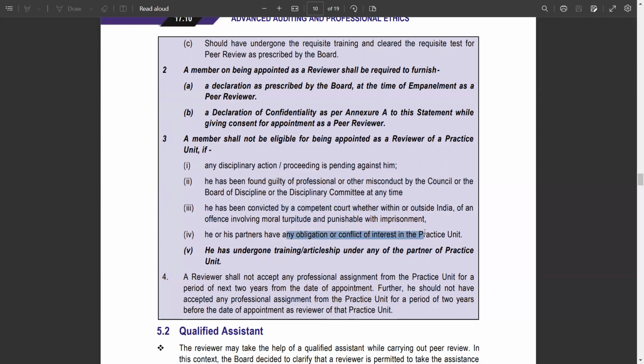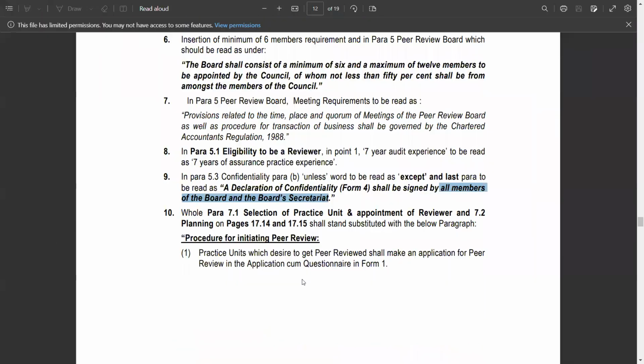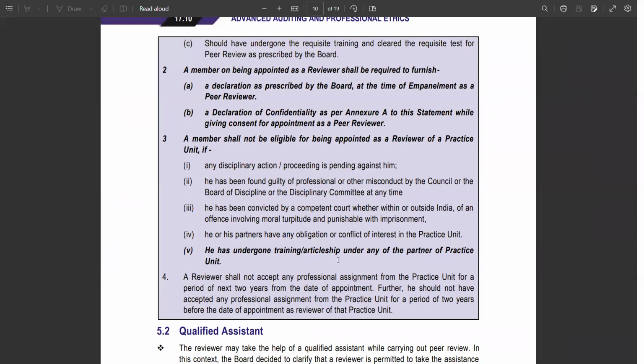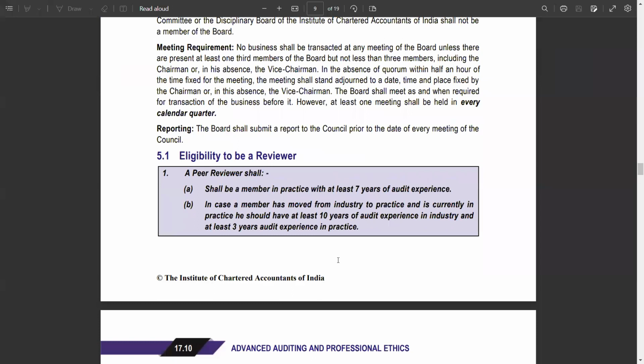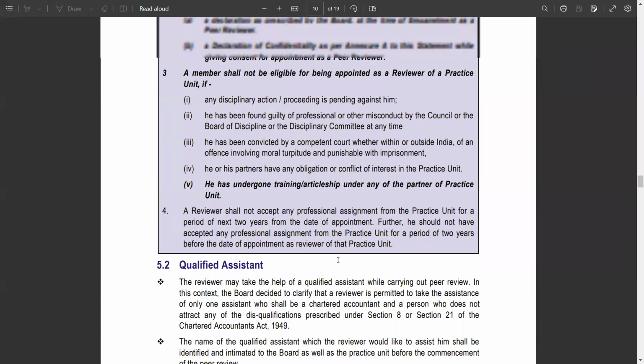His partners have any obligation or conflict of interest in the practicing unit. These 2 points only. He has undergone training or articleship under any of the partners of the practicing unit. So these points need to be learned. This is an important portion and this has to be learned. These are the points which I feel I will learn, and I feel you should also learn these points.